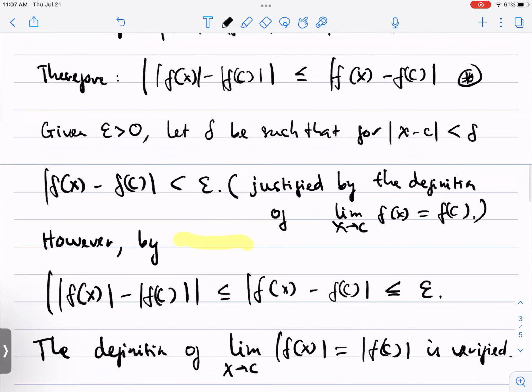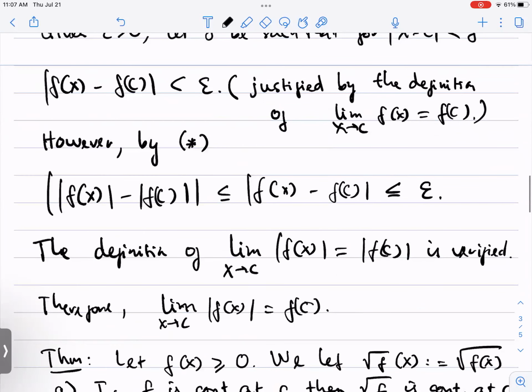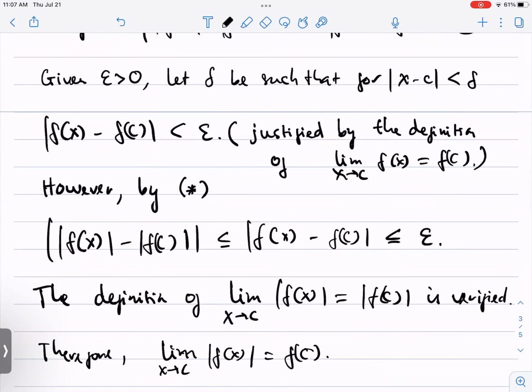However, by the estimate star above, we have that the absolute value of the difference of absolute values is smaller than or equal to the absolute value of the difference of the function evaluated at x and c, and by the choice of delta, this is smaller than or equal to epsilon.